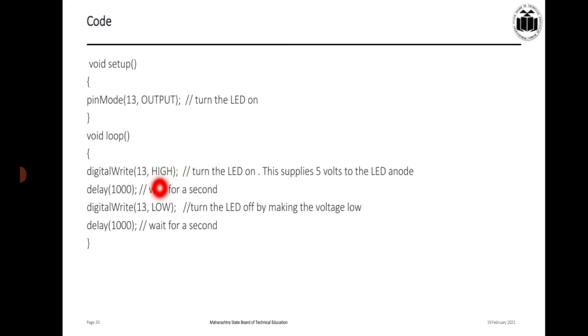Wait for a second and then write low to the pin number 13 to turn the LED off, and wait for a second. This loop executes infinite times. That means the LED will continuously blink.